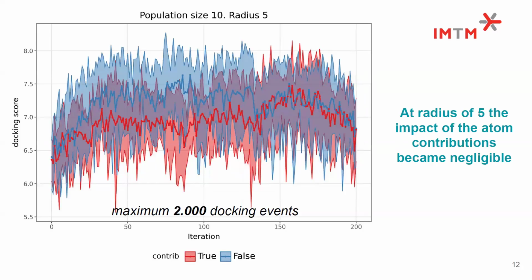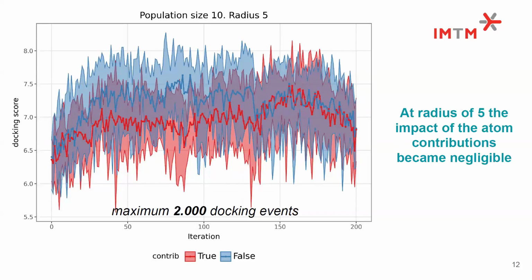Then we tried, so that was the results for radius 3, as I said, with looser rules for choosing the fragment. And now the stricter rules, context 5 atoms, so fewer molecules, but a higher synthetic accessibility rate.